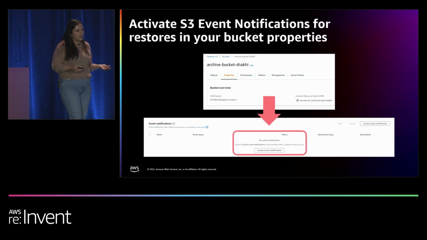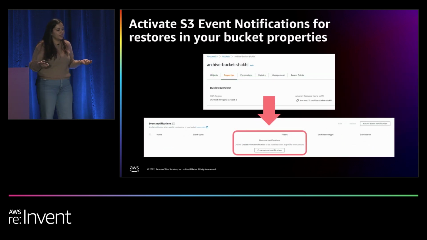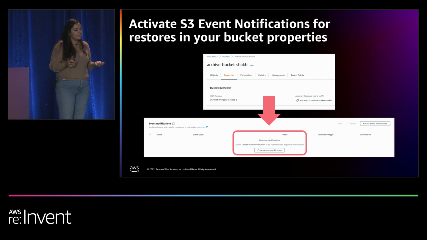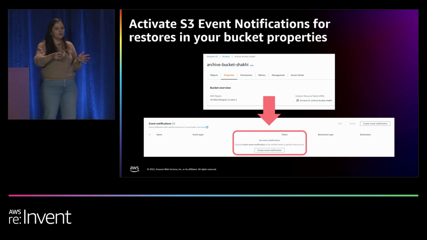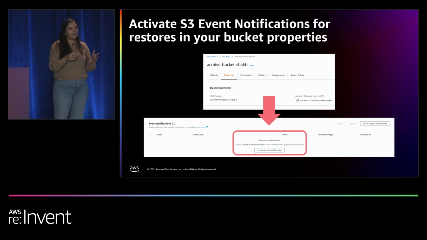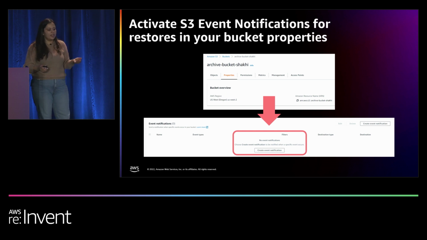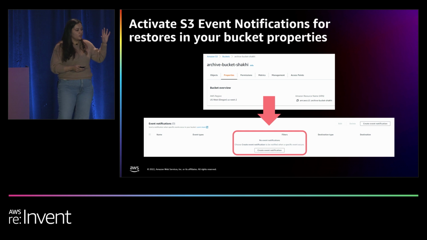Now, as the job runs, customers have told us that they want ways to see if the job has completed, and they want to be able to send that information to destinations like SQS, SNS, or trigger a Lambda job for that. And you can achieve that in 3 easy steps. So you will go to the properties tab for your bucket, for which you want to enable your event notifications.